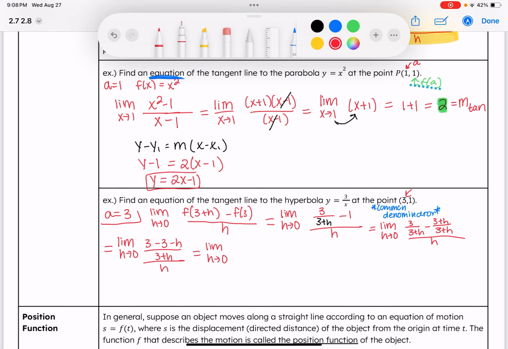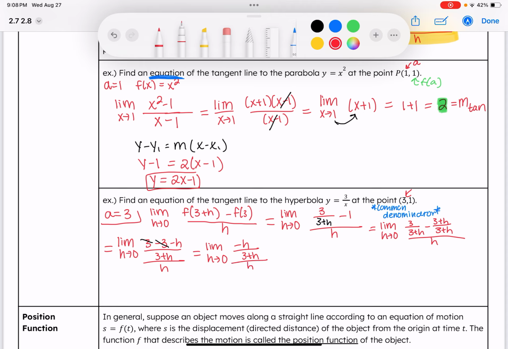Again, just simplifying everything. Now, what should happen is we are going to eliminate everything that does not have an h. So in my numerator, 3 minus 3 gives you 0. You have a negative h over 3 plus h divided by h.